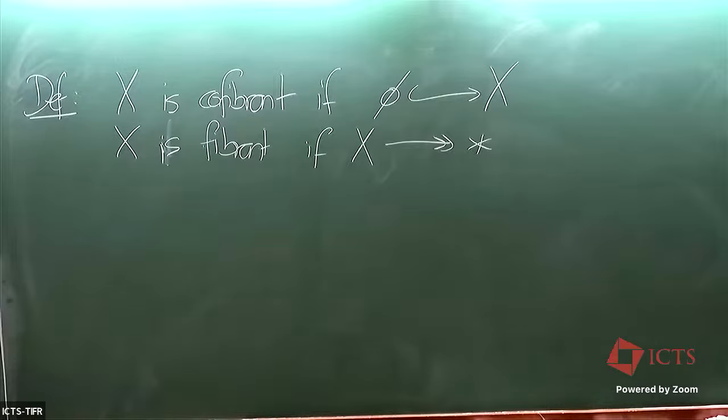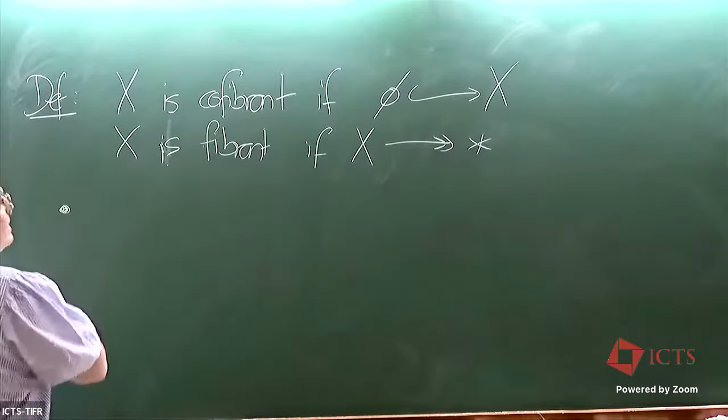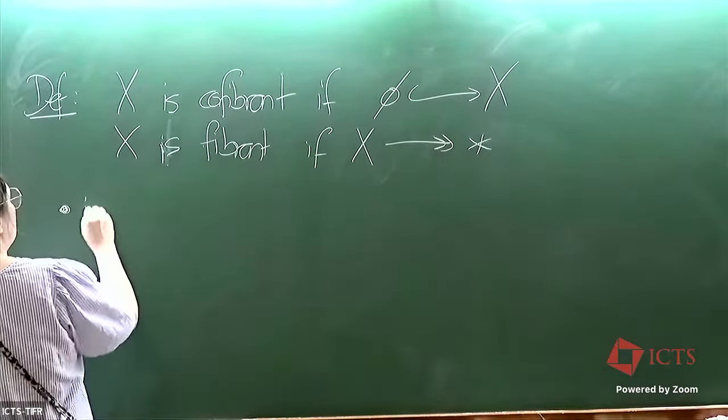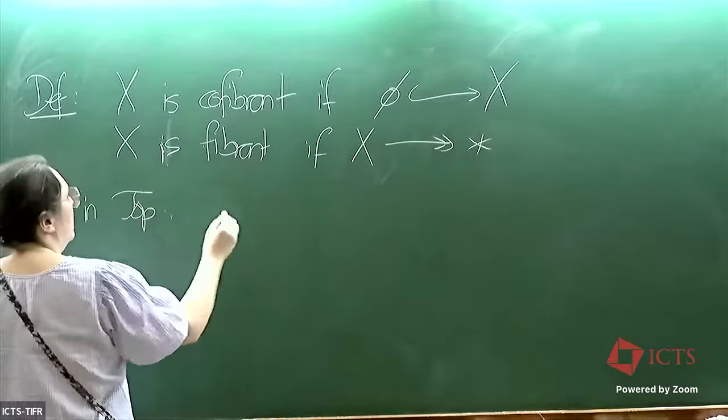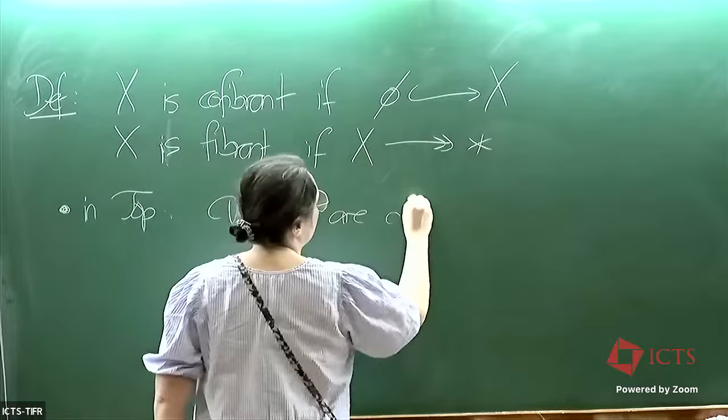So in this model structure, you get that CW complexes are cofibrant.